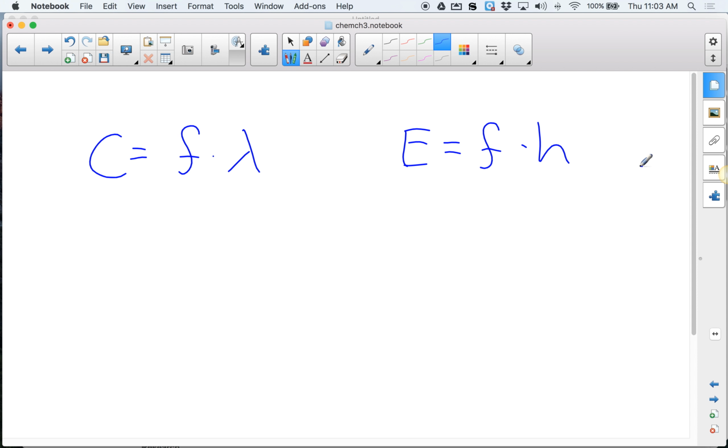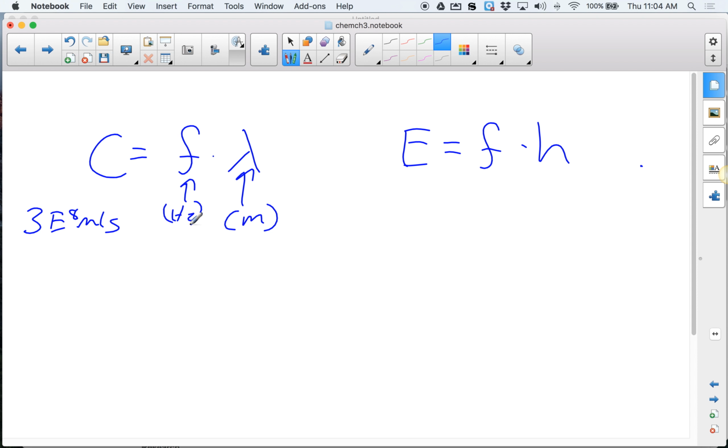That's important, because the speed of light is in meters per second. For this equation to work, the wavelength has to be in meters and the frequency has to be in hertz, which basically means a wave per second. That's where the seconds come from.